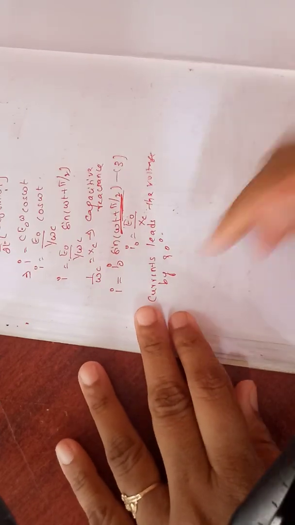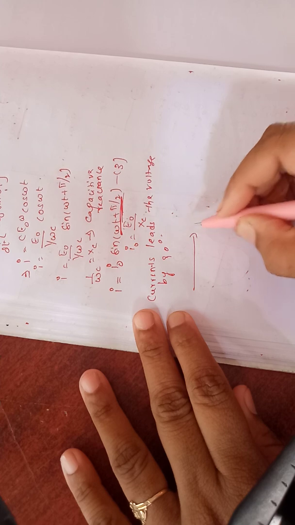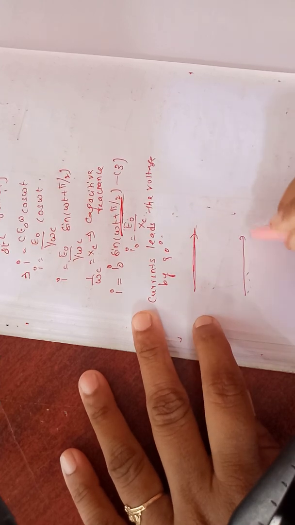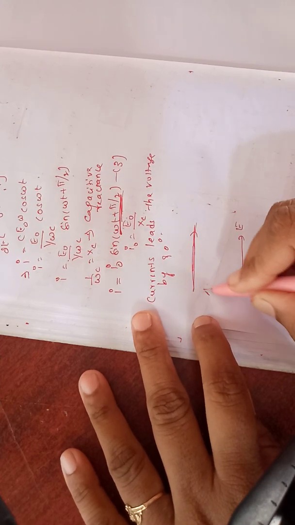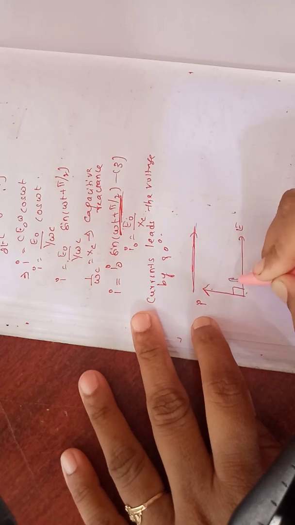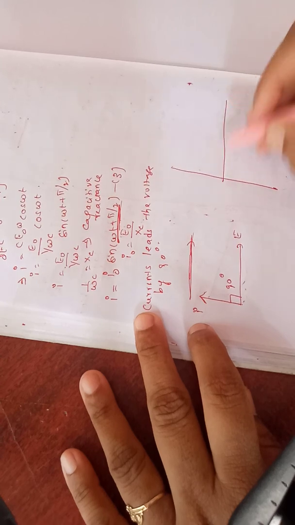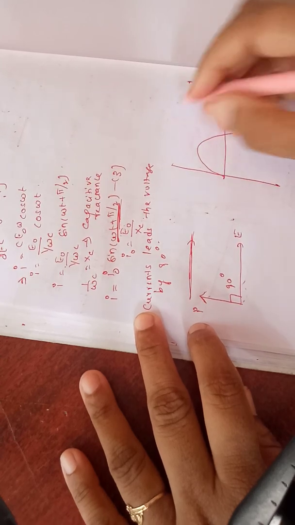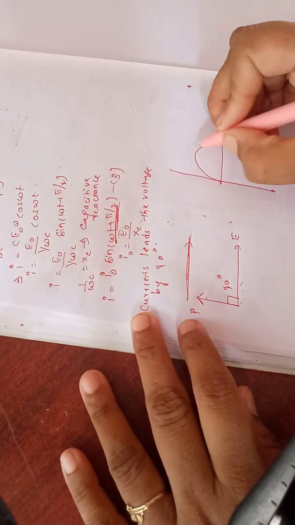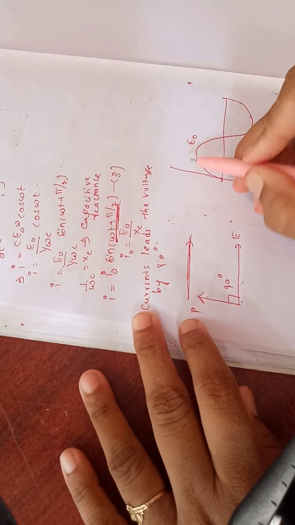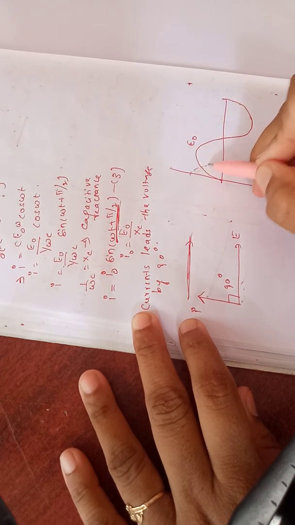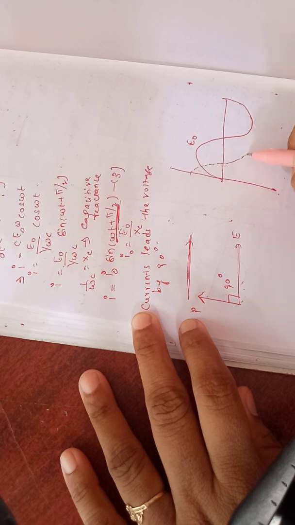So if we draw the phasor diagram, if this is the voltage, current is leading the voltage by 90 degrees, right? Or we can also draw it in such a way: if this is the voltage, current is leading the voltage by 90 degrees.